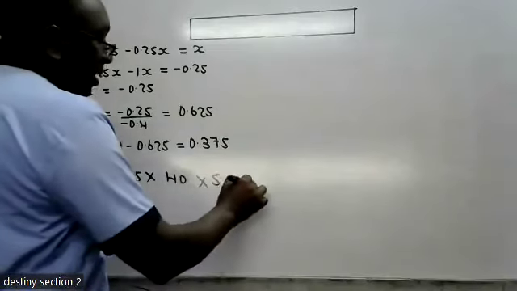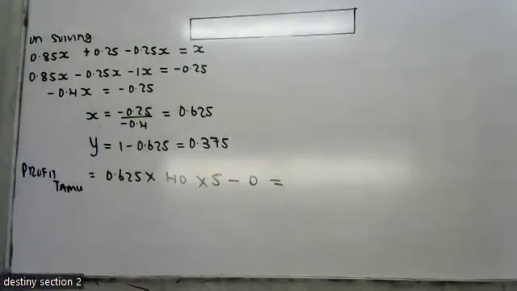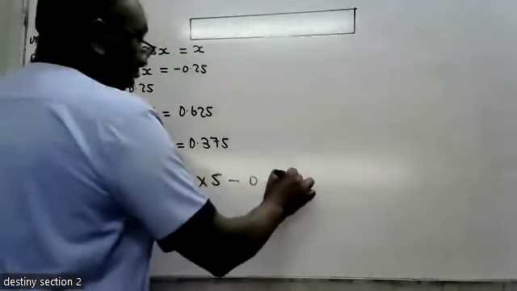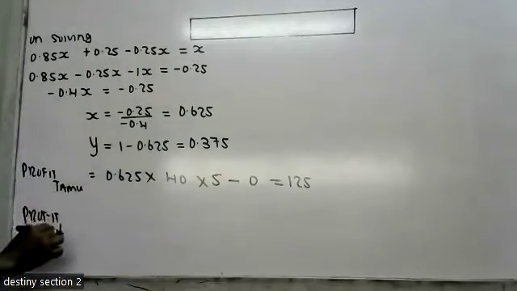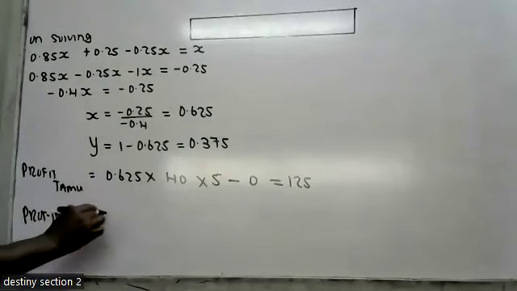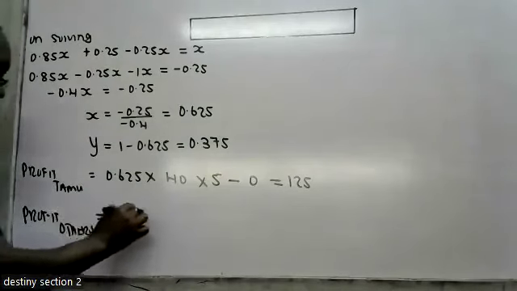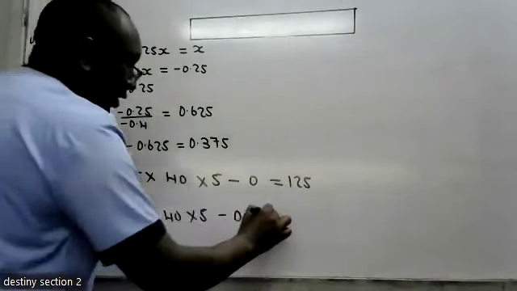And before the campaign, there is no cost. So 0.625 multiplied by 40 multiplied by 5, it is 125. And profit for the others, it will be 0.375 multiplied by 40 multiplied by 5 minus 0.